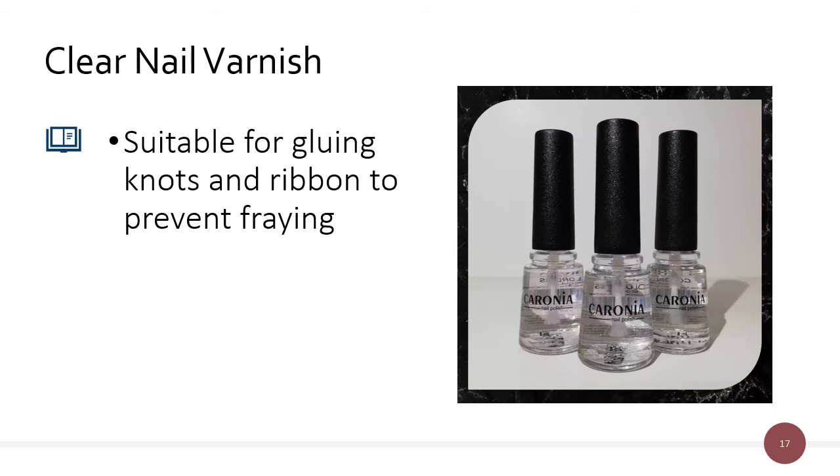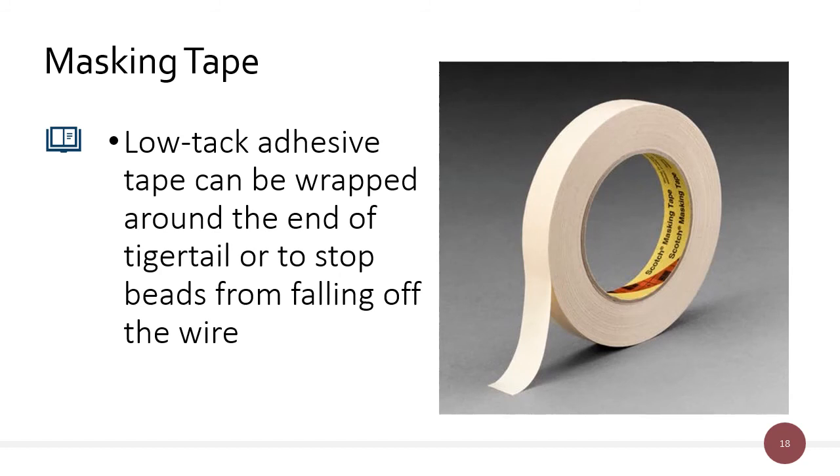Clear nail varnish, suitable for gluing nuts and ribbon to prevent fraying. Masking tape. Low-tack adhesive tape can be wrapped around the end of tiger tail to stop beads from falling off the wire.